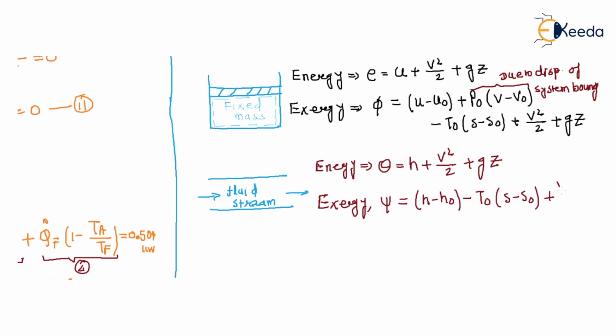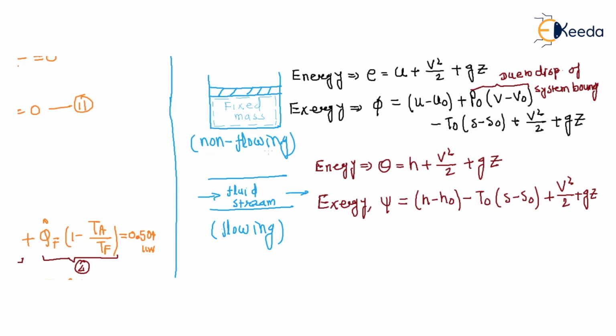plus V square by 2 plus Z. So this is your exergy for a flowing fluid. This is your flowing condition, and this is your non-flowing. Always keep this difference in mind.